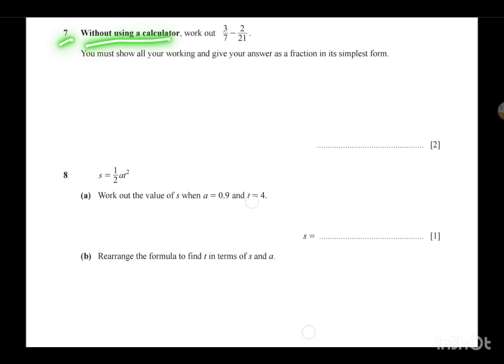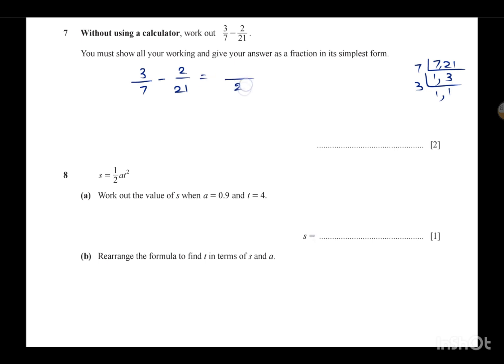Question 7. Without using a calculator, work out 3 by 7 minus 2 by 21. You must show all your working and give your answer as a fraction in its simplest form. Find the LCM of denominators, least common multiple. 7 into 3, 21 is the LCM.